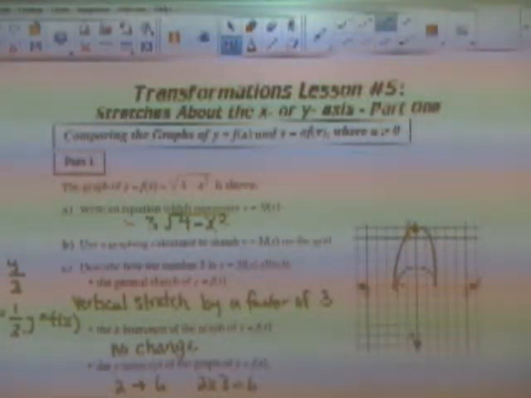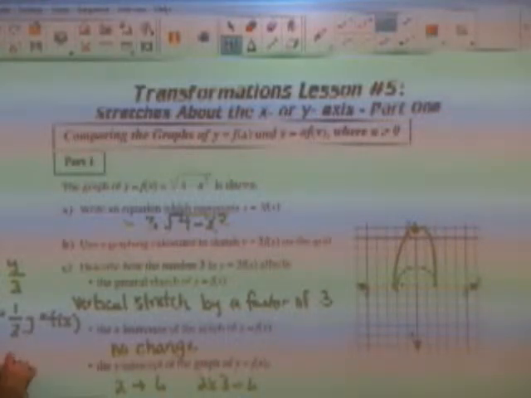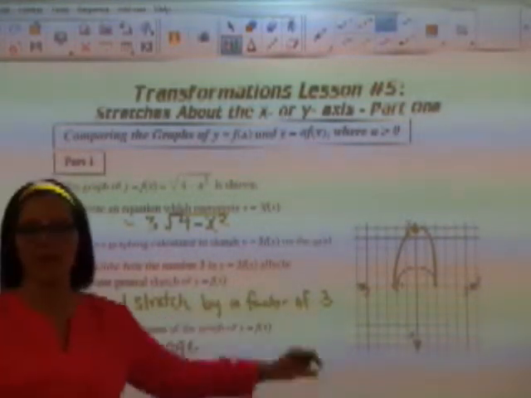So that's what my equation originally would have looked like. So what's my replacement? I replaced y with a 1/3 y. And when I replaced y with a 1/3 y, I got a stretch by a factor of 3.